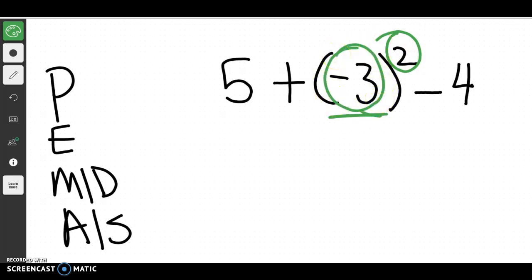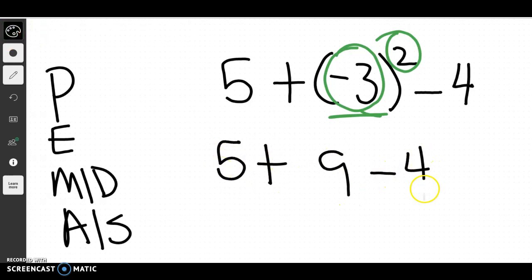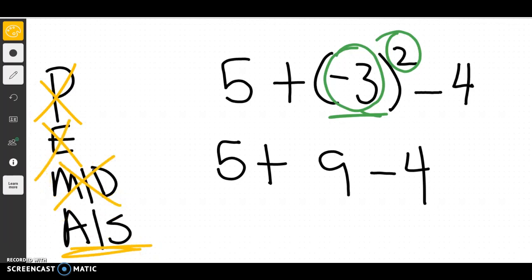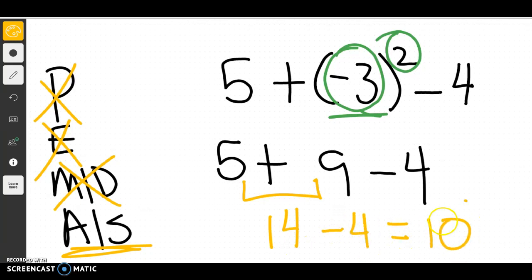Well, negative 3 squared gives you a positive 9, so we're going to have 5 plus 9 minus 4. And again, because we have no parentheses anymore, no exponents, no multiplication and division, we only have addition and subtraction. So we're going to go left to right. 5 plus 9 is 14. Minus 4 gives me 10. And that would be my final answer.